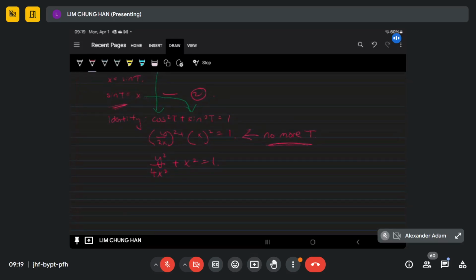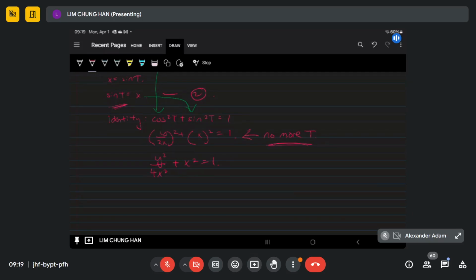Never mind, let's continue. Let's remove the denominator of 4x squared.